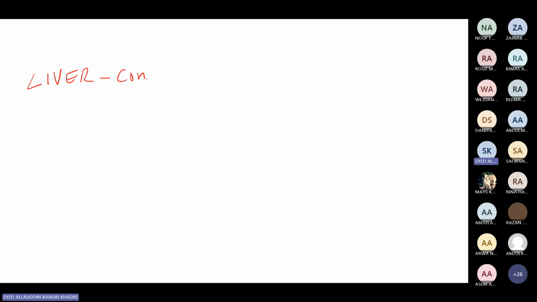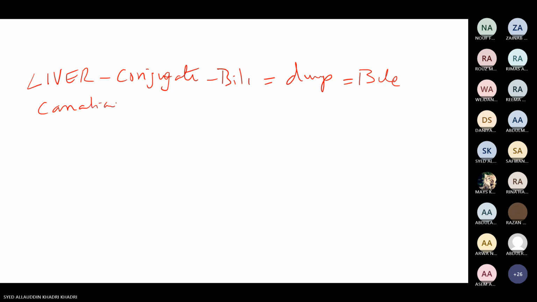The liver will try to conjugate the bilirubin and dump it into the bile canaliculi. You should know this. So the bile ducts.